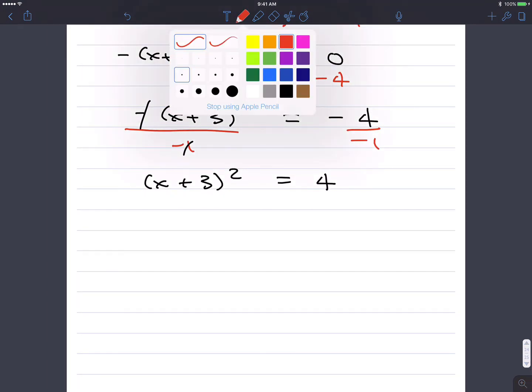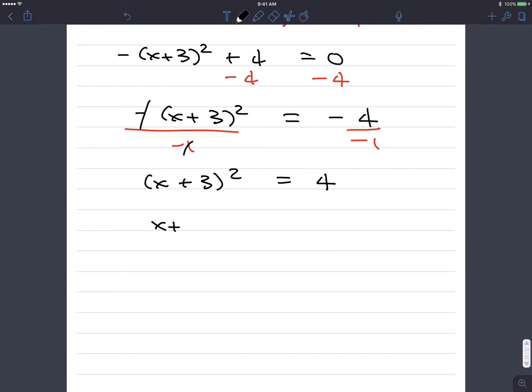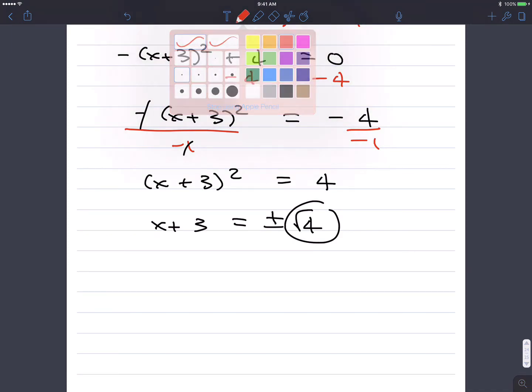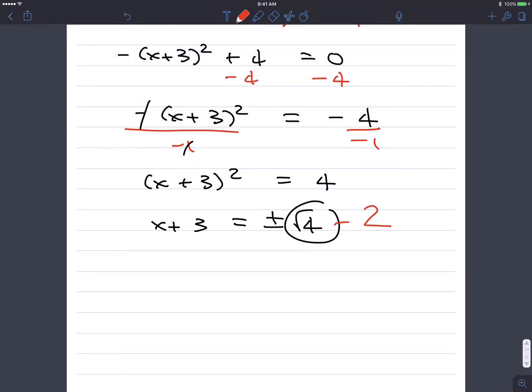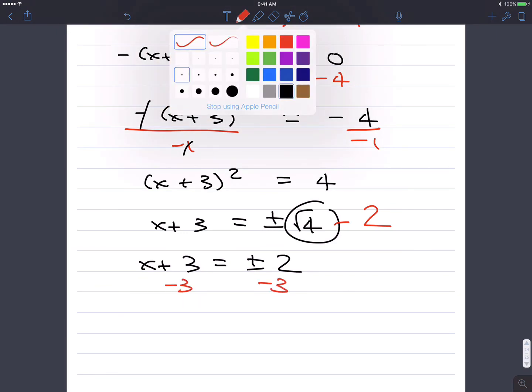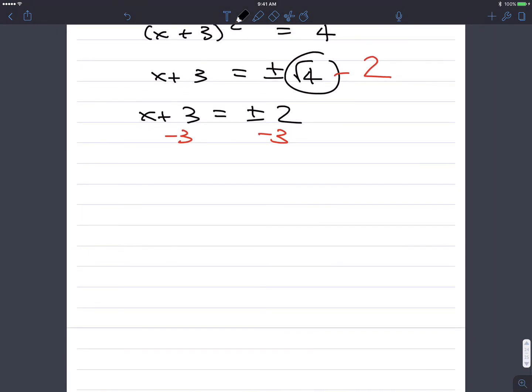Use the square root formula. X plus 3 is plus or minus the square root of 4. The square root of 4 we know is the value 2. So we get x plus 3 is plus or minus 2. Subtract 3. X is negative 3 plus or minus 2.